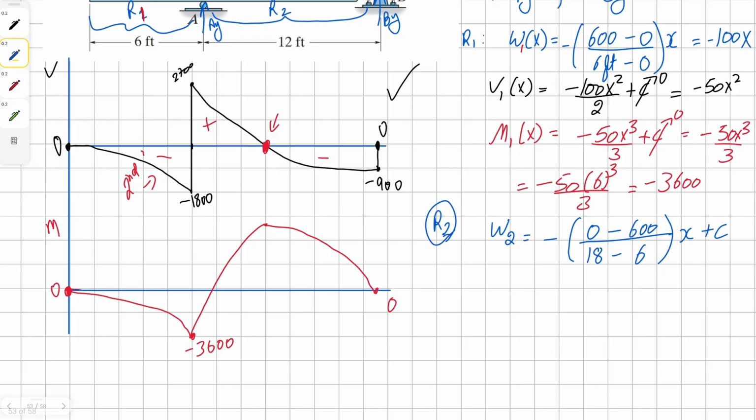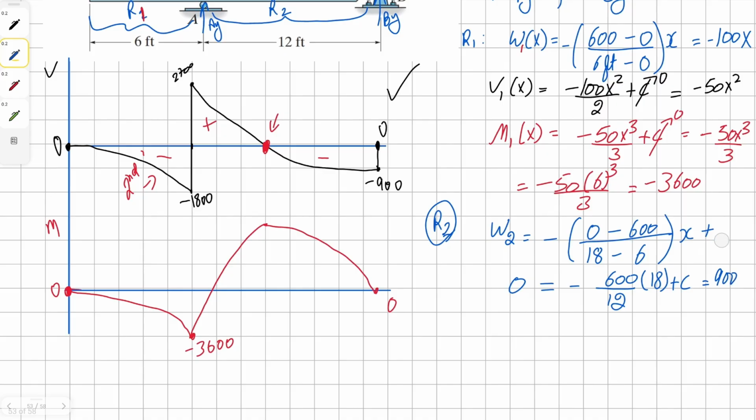To find our constant for the load equation, we know our load is going to be 0 when x is 18, and solving for this, we get our solution for the constant C as 900 pounds.